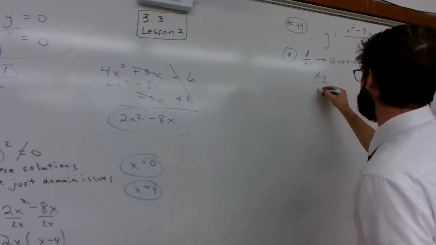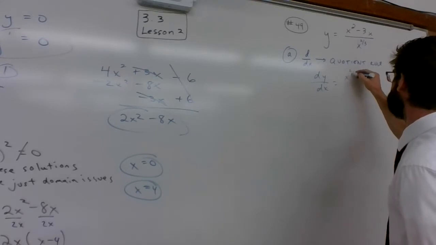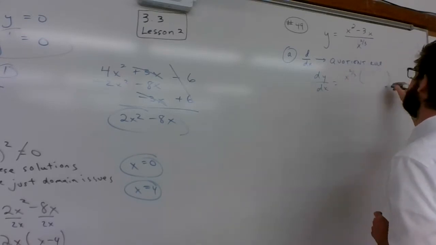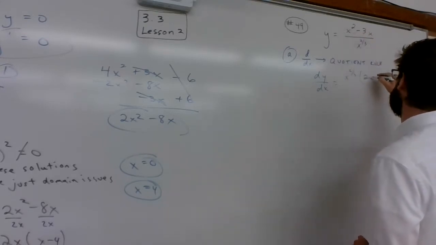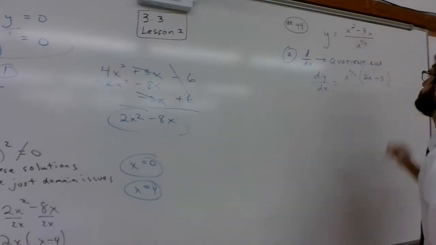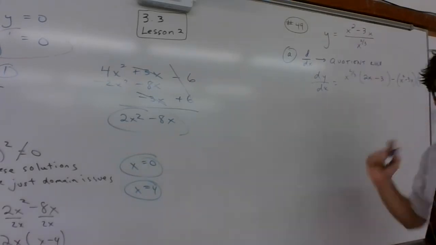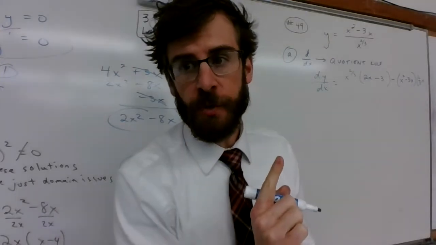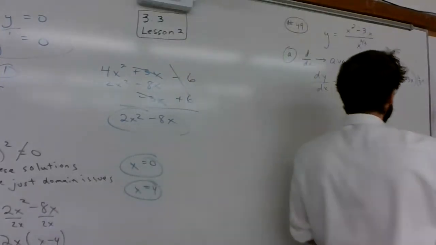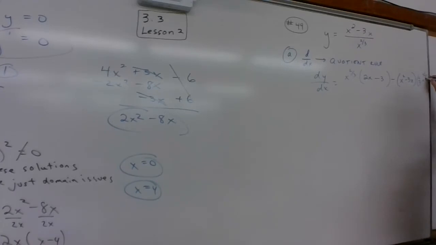So dy dx equals bottom times the derivative of the top, which is 2x minus 3. And then you subtract the top times the derivative of the bottom, which is going to be 2/3 x, and then you take 1 away from 2/3, which gives you to the negative 1/3 power. All divided by the bottom squared.